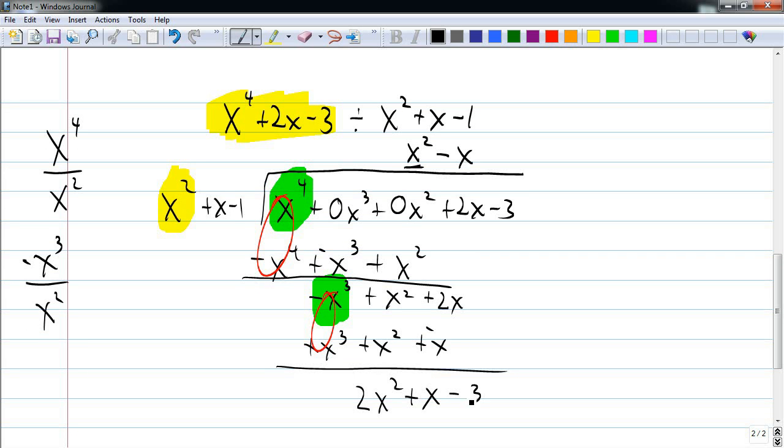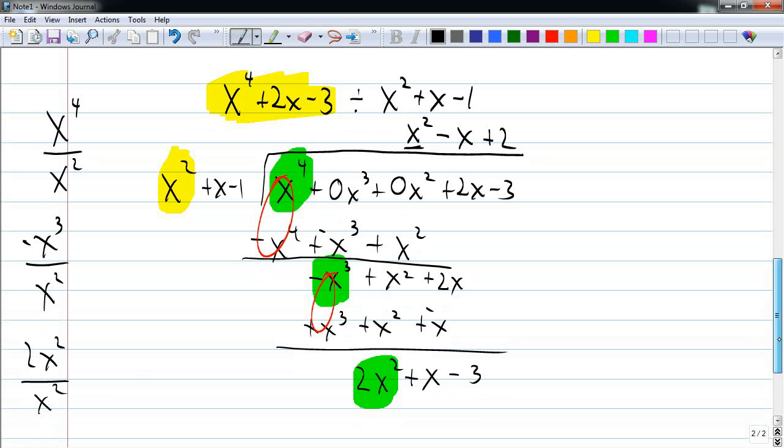Let's keep going. 2x squared divided by x squared, because once again, I'm paying attention to just these leading terms, is 2.